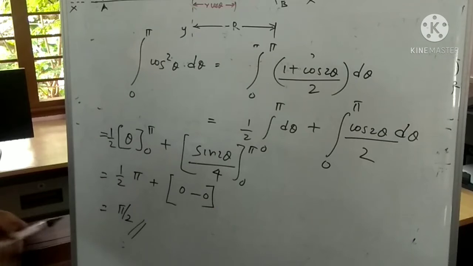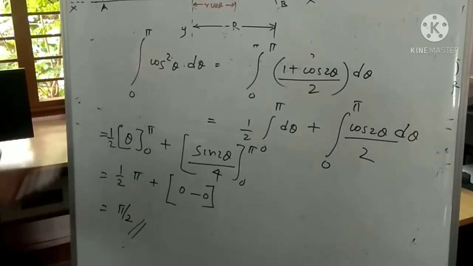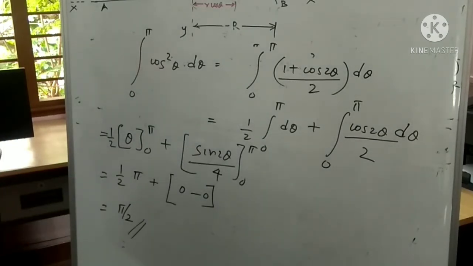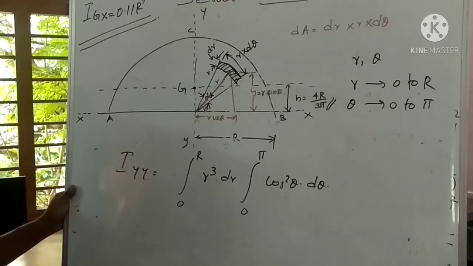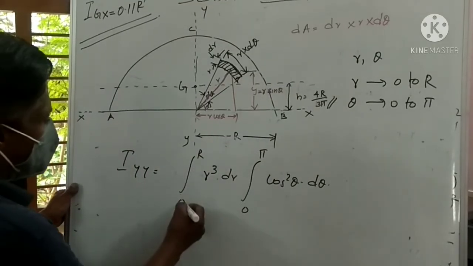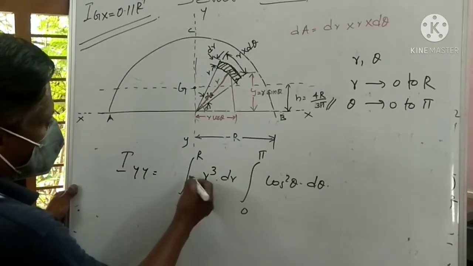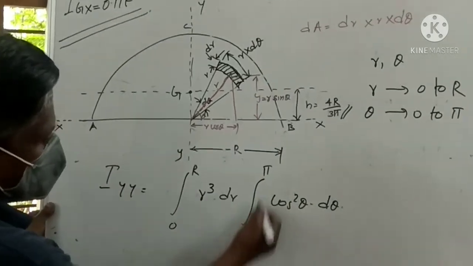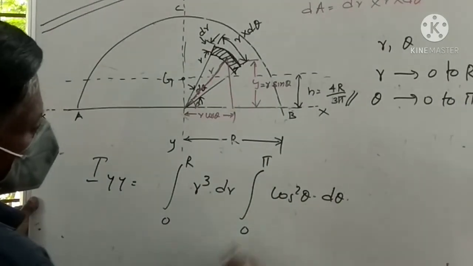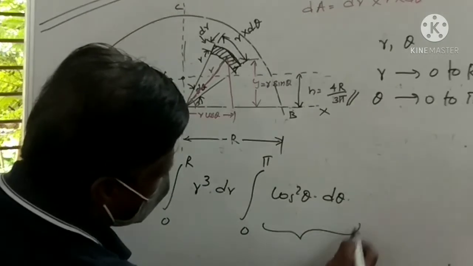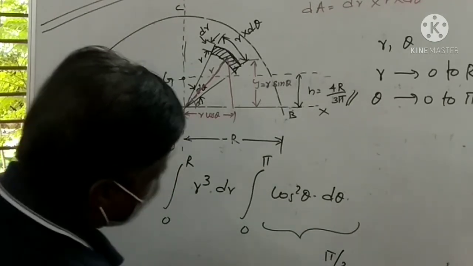Okay, so after getting this result, you have to go to the previous expression. Our previous expression is integral 0 to r, r cube dr, integral 0 to pi cos square theta into d theta. For this, you got the value pi by 2.